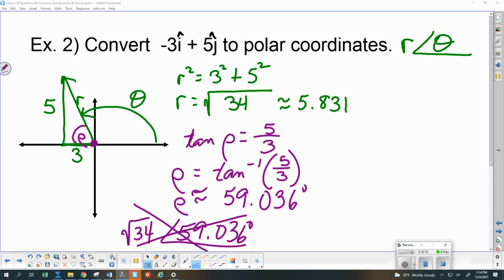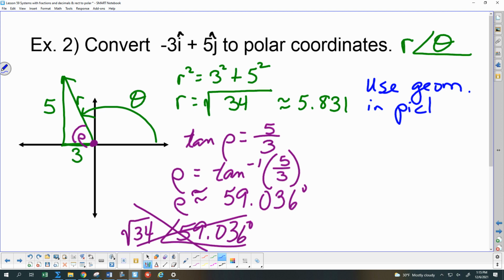So what you need to do is to use the geometry in your picture and tell me a relationship between where I wrote rho, which is the one that looks like a P, and theta, which is the one that I really want. If you look at this picture over here, can I add them?